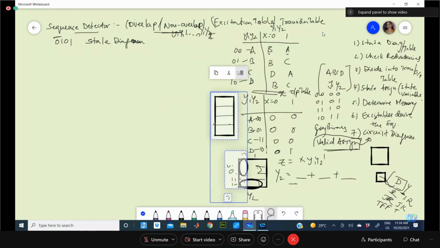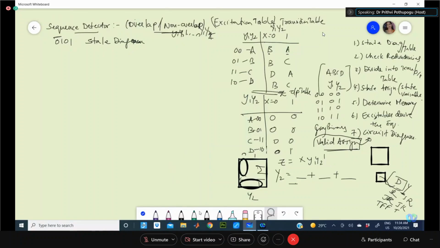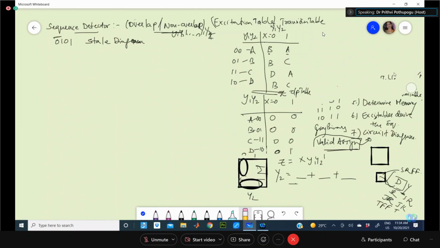The excitation table will be used when, say, I want to implement this using an SR flip-flop. Then we need to take the excitation table. Can any one of you give me the excitation table for SR?